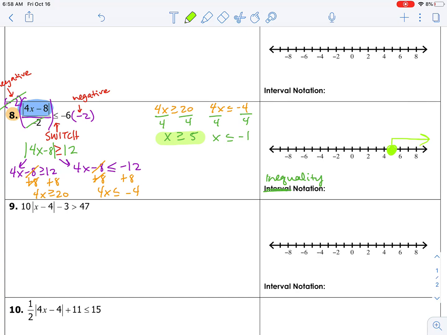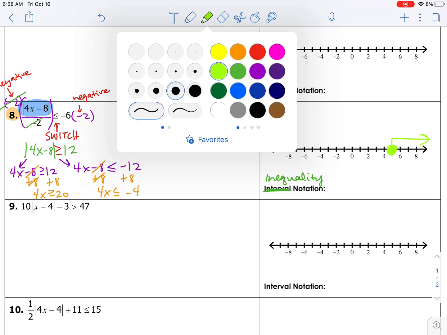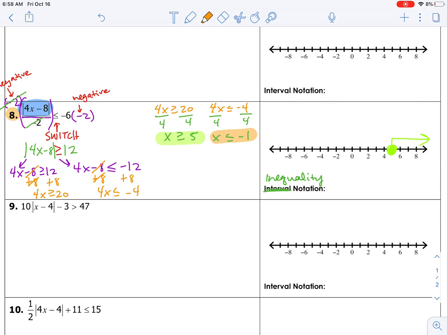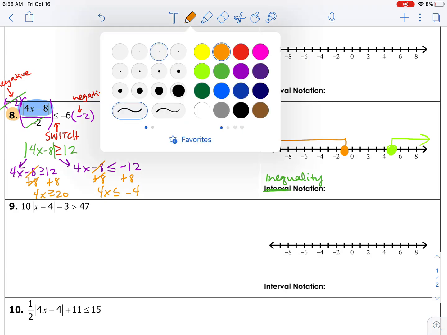Greater than or equal to 5 means I need the numbers bigger than 5, so that goes to the right of 5. X less than or equal to negative 1 means I need a closed circle over negative 1. And if I want the numbers smaller than negative 1, I have to go to the left of negative 1.